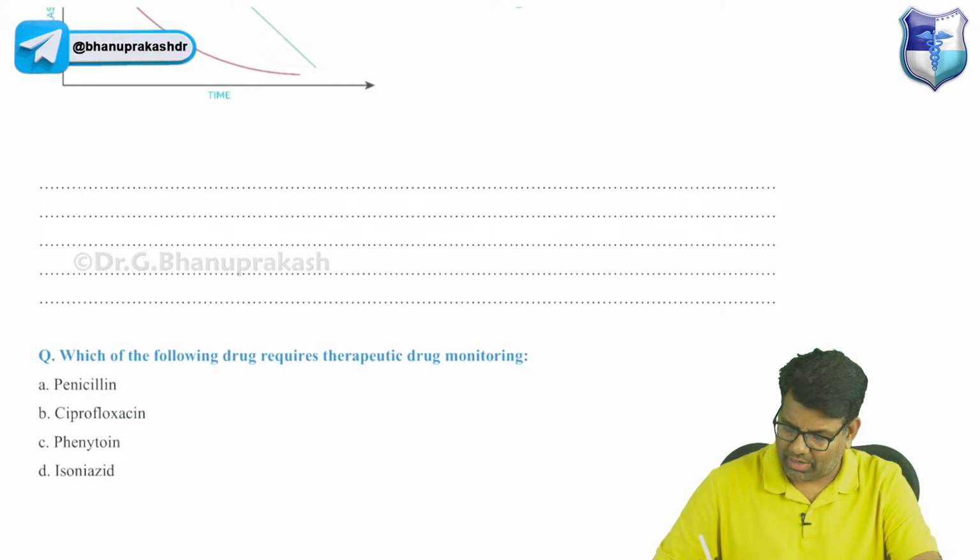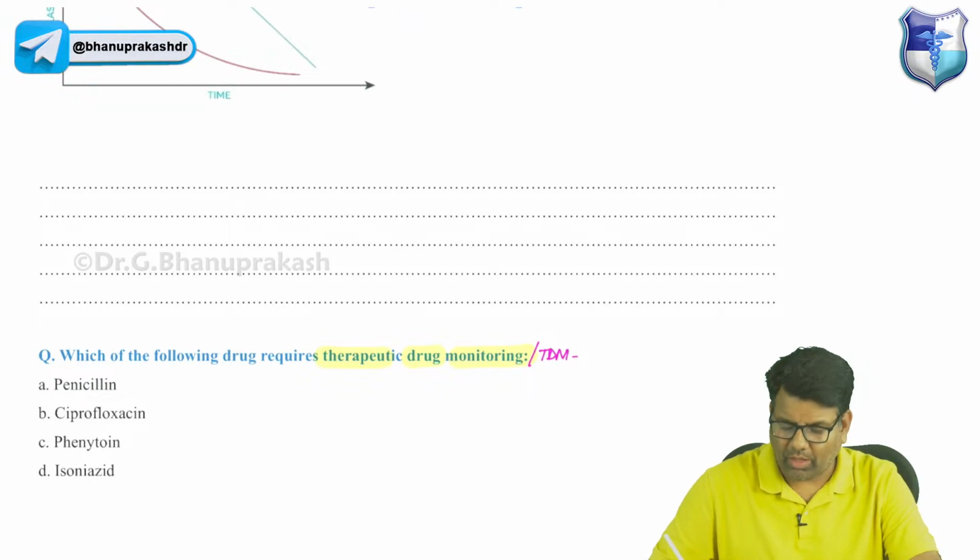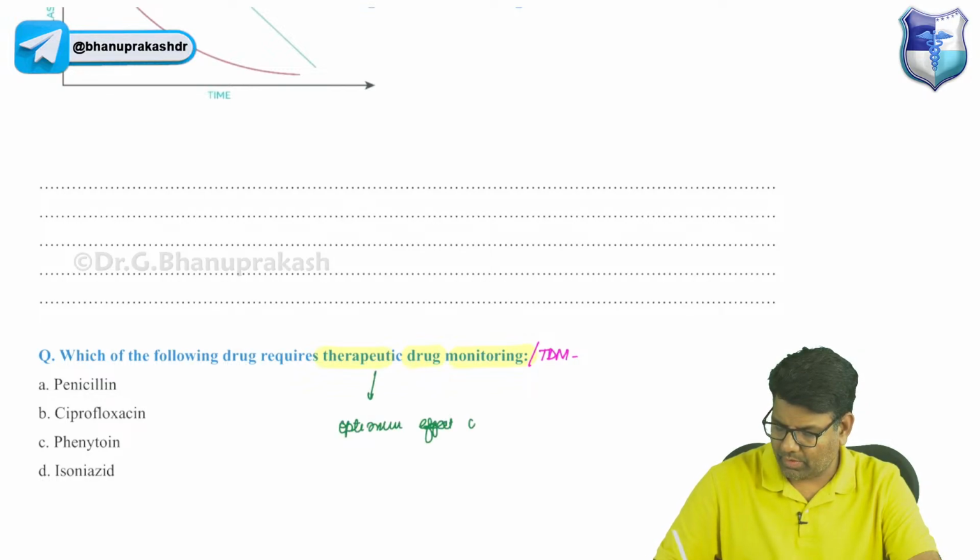Now, which of the following drugs requires therapeutic drug monitoring? It means the optimum effect is exerted within a specific plasma range.